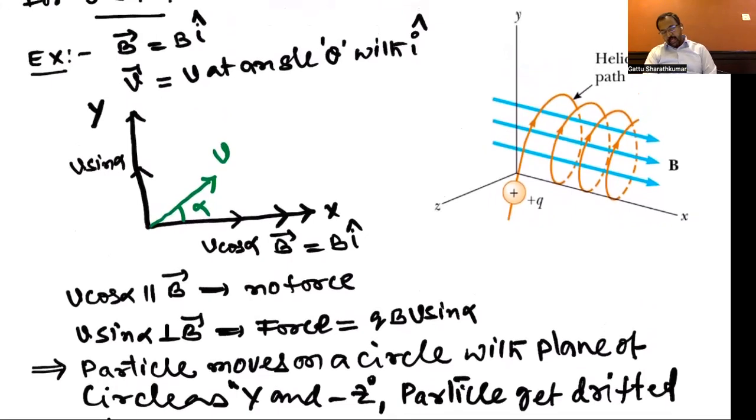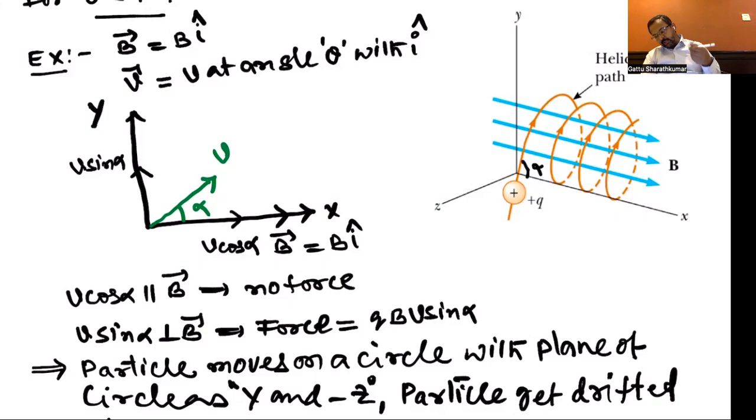So there will be a circular path as well as a drifting. Now you can see one diagram over here. The particle is shot in the XY plane at some angle. This angle I was talking about is alpha. Outward is the z-axis, so into the plane it is negative z-axis. There is a circle, and you can clearly see the plane of the circle is y and negative z.